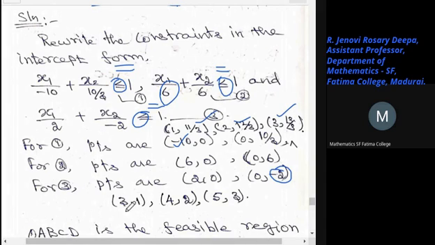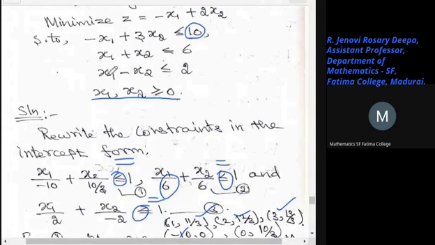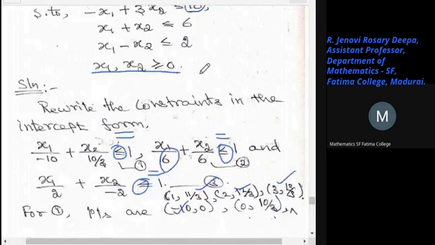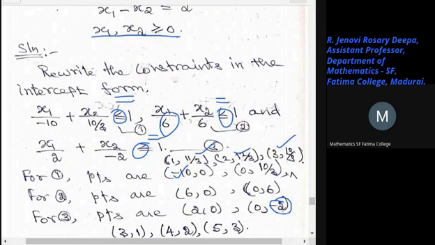From the last one, x1 minus x2 equal to 2, if we put x1 equal to 3, the x2 value is 1.